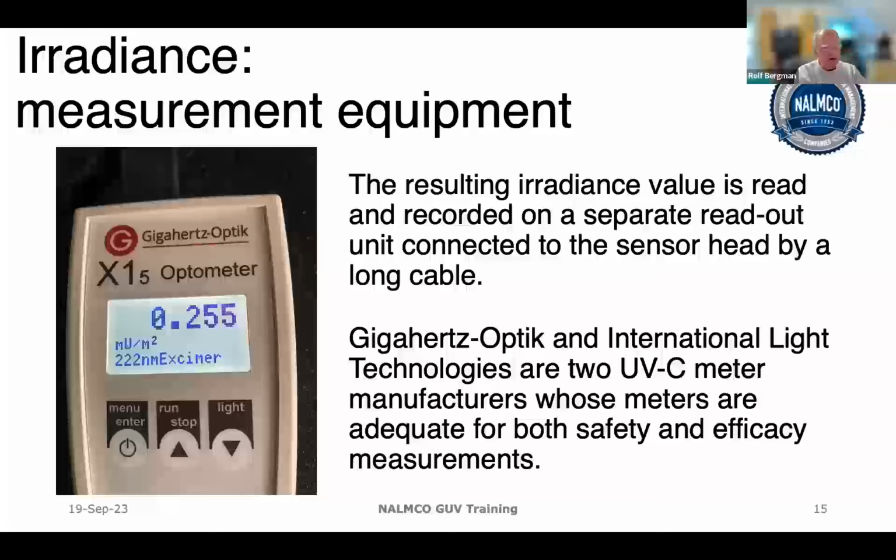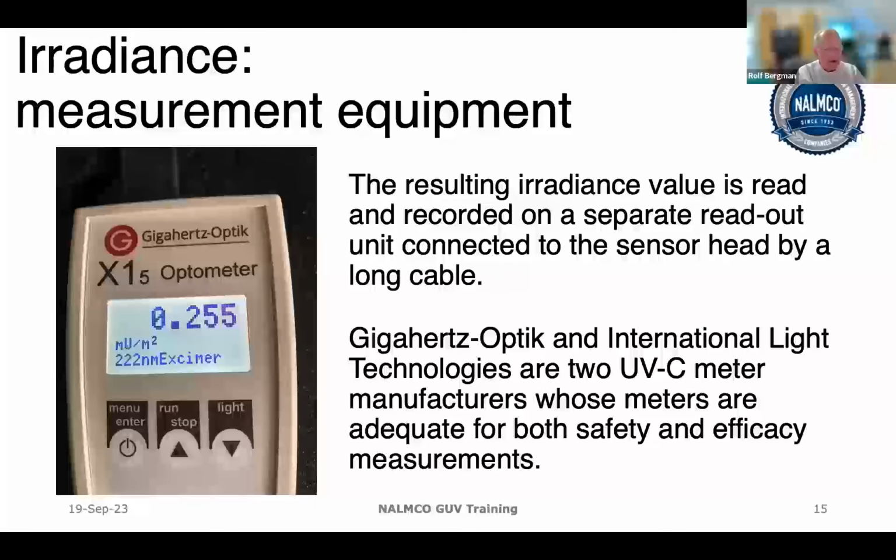It also tells you how it's calibrated. This one is calibrated in this case for 222 nanometer excimer. This particular Gigahertz meter, by going into the menu, you can actually change what source you're looking at: low pressure mercury or LEDs of various kinds, which peak at a given wavelength.